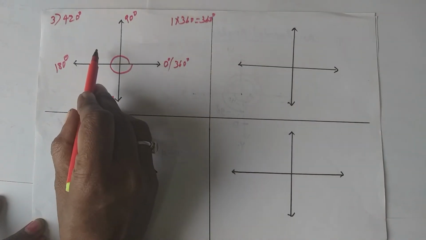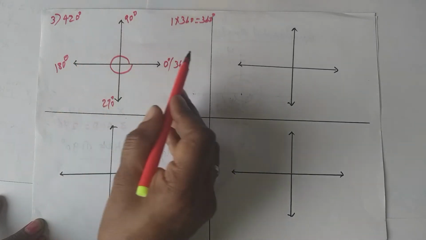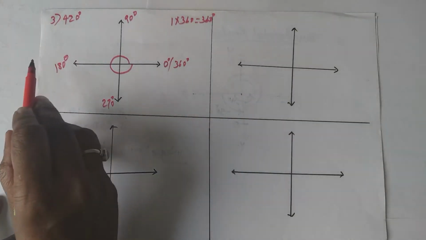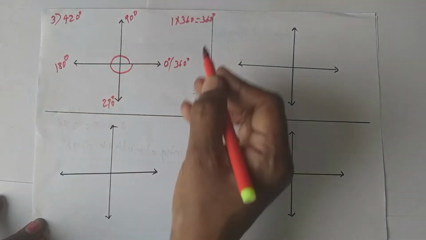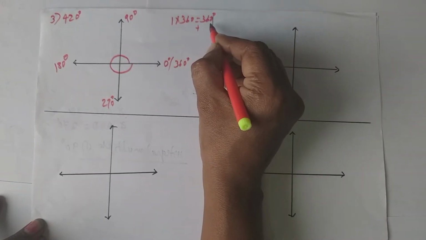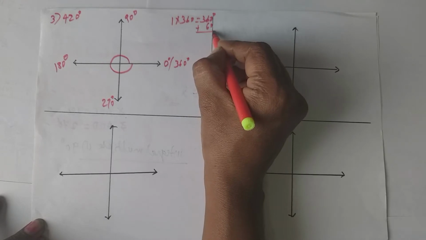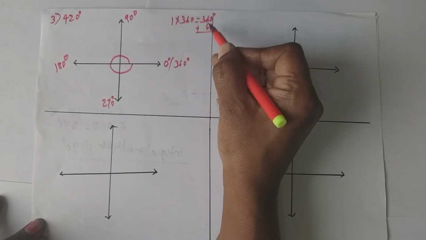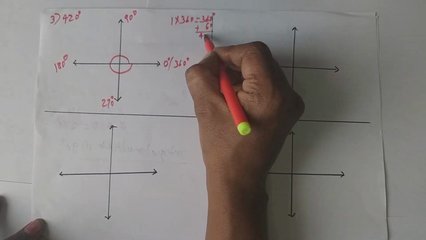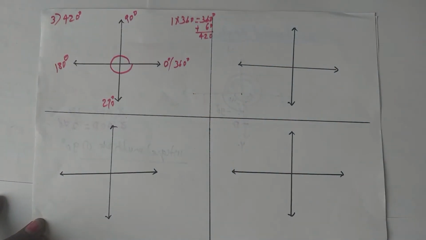This is more than 360. How many degrees do we have to add to 360 to get 420? 40 plus 20, that is, we have to add 60 degrees. To this 360, I have to add 60 degrees, then I will get the angle of 420.